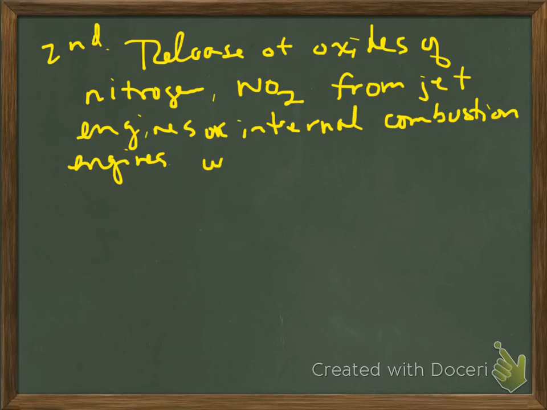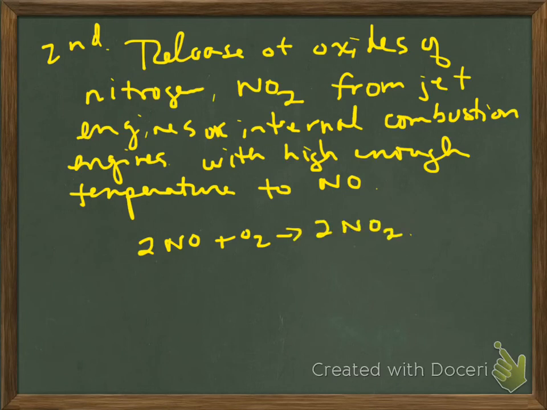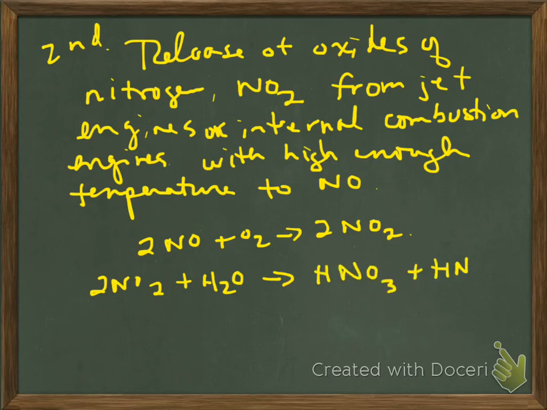And these have to have a high enough temperature to form nitrogen oxide. So basically we get two nitrogen monoxides reacting with oxygen to form two nitrogen dioxides. Those nitrogen dioxides then react with water to form nitric acid and nitrous acid.